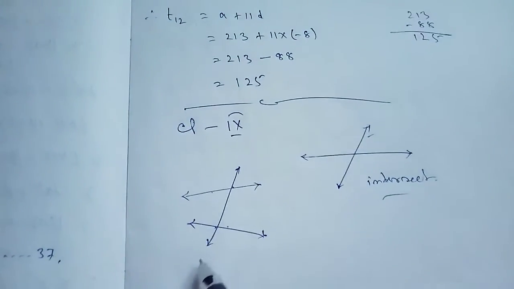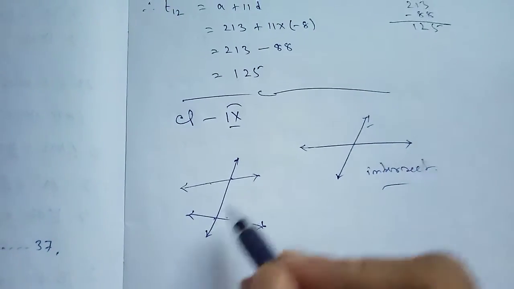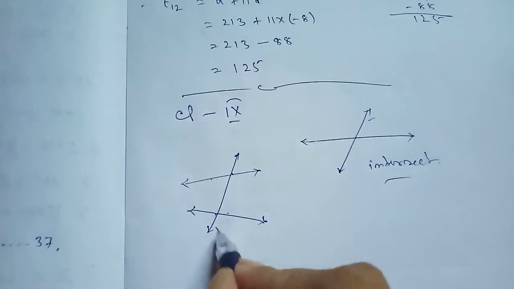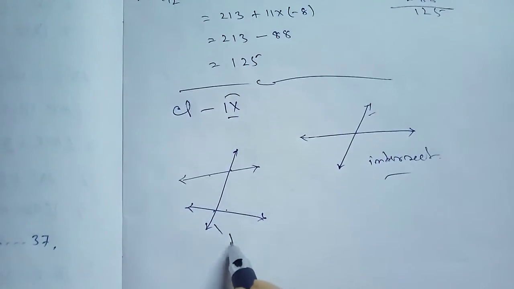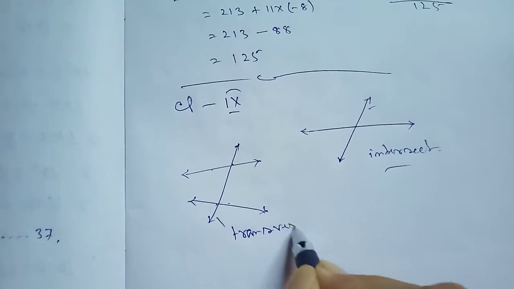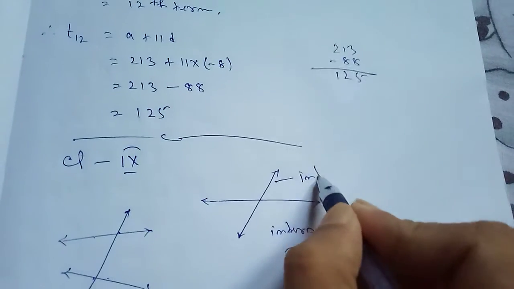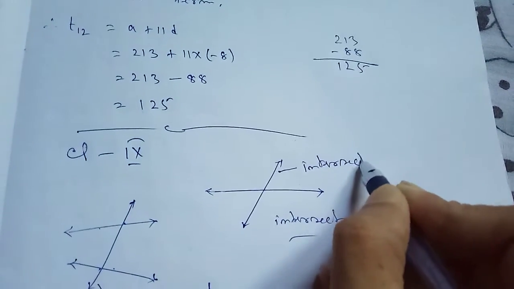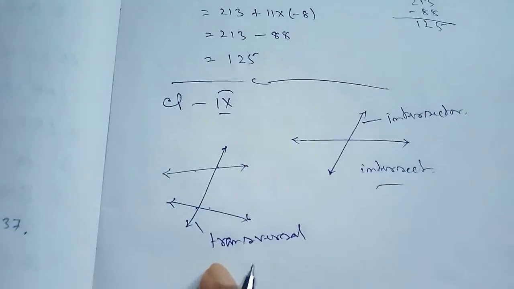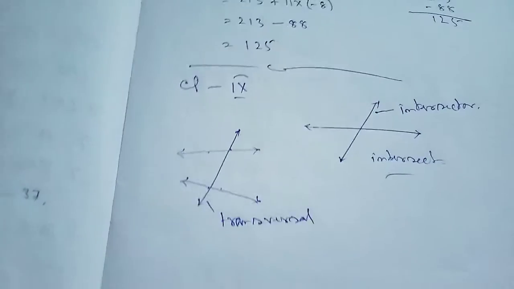When one line intersects more than one line, meaning two lines, three lines, then this is called a transversal. This is called the intersector, and this is called a transversal because it intersects more than one line.